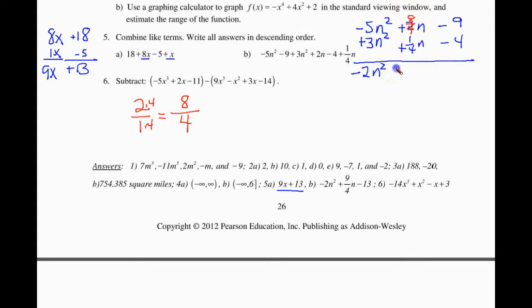Just adding our numerators, 1 and 8 is 9/4 n minus 13. Now keep in mind you want to do it so you get the right answer. You may be taking shortcuts when you're doing your practice.